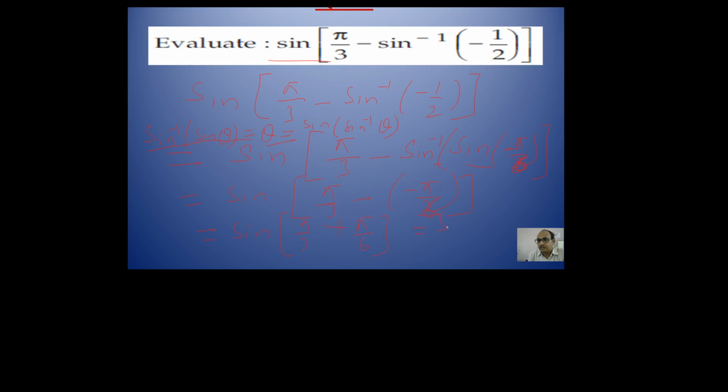So this one will be given to us as sin of 2 pi by 6 plus pi by 6, so this has become 3 pi by 6. 3 pi by 6, and we will cancel it with 3. So this one will become sin pi by 2, which will be equal to 1. So this will be our answer, and we will move to next slide now.